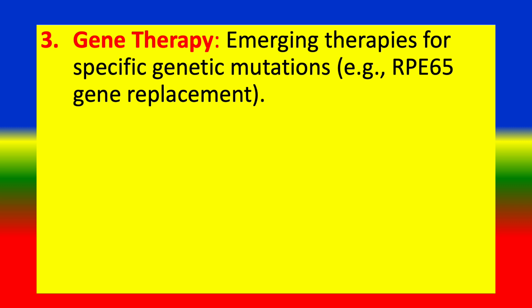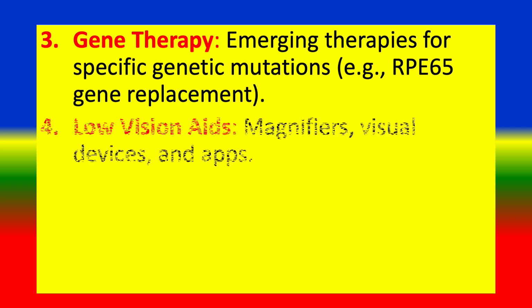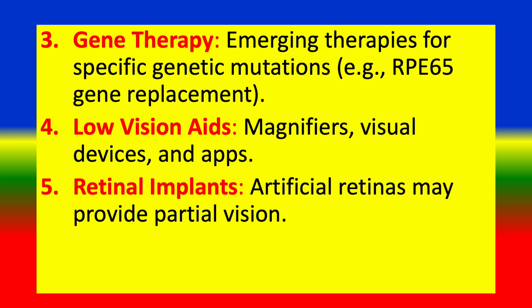3. Gene therapy. Emerging therapies for specific genetic mutations. Example, RPE65 gene replacement. 4. Low vision aids, magnifiers, visual devices and apps. 5.